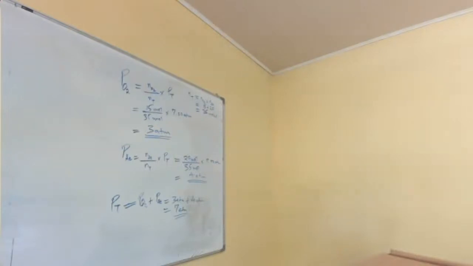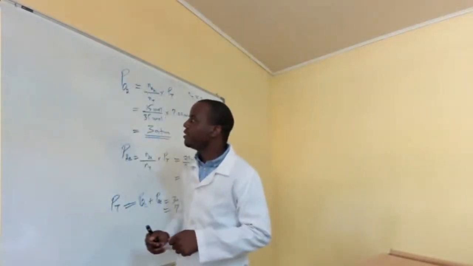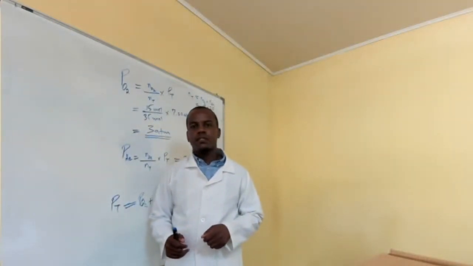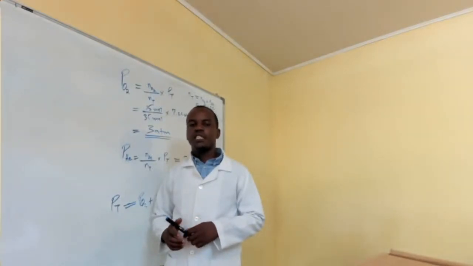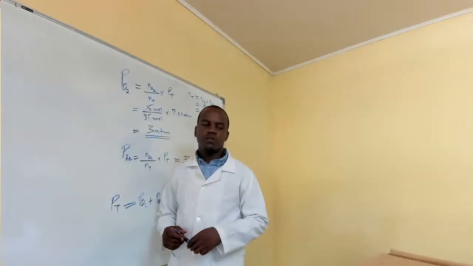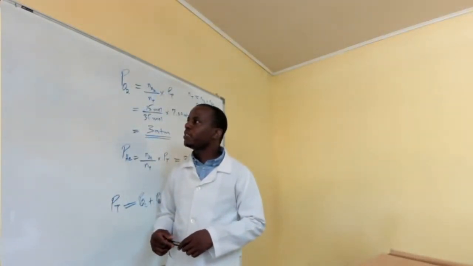So we started by looking at Dalton's law of partial pressures. I mentioned that Dalton's law of partial pressures just emphasizes the fact that the total pressure within the mixture will be the sum of the partial pressures of the gases within that mixture.